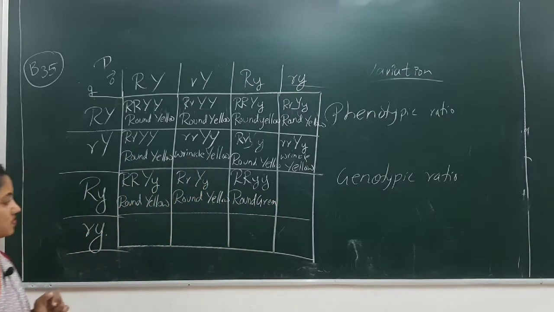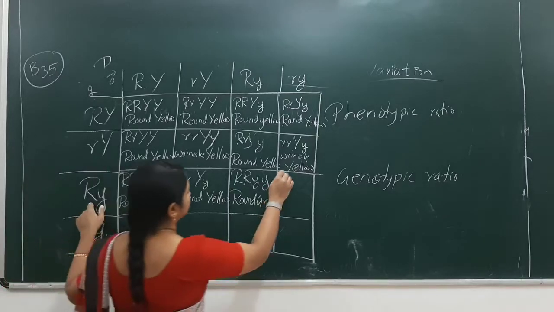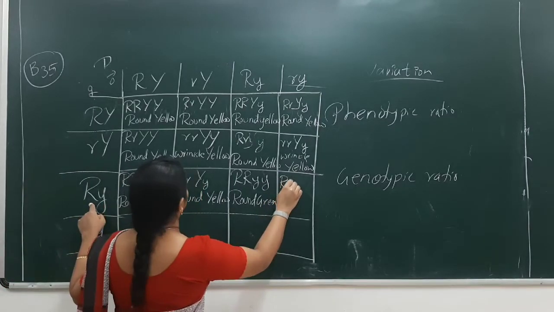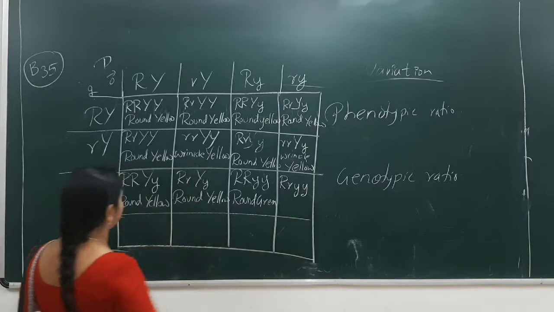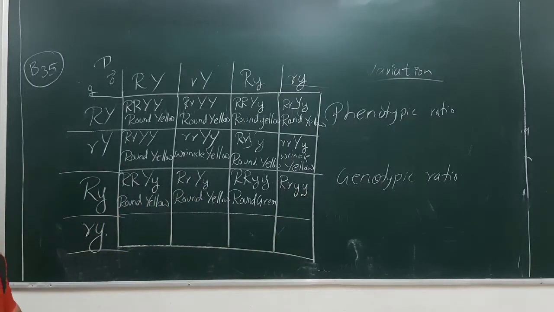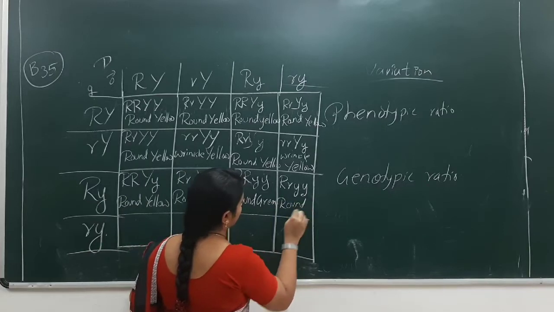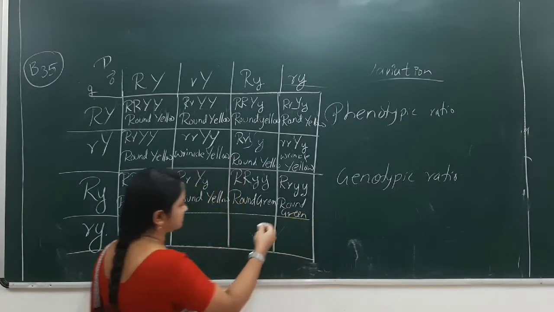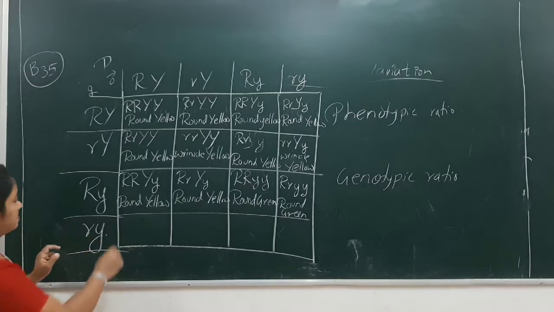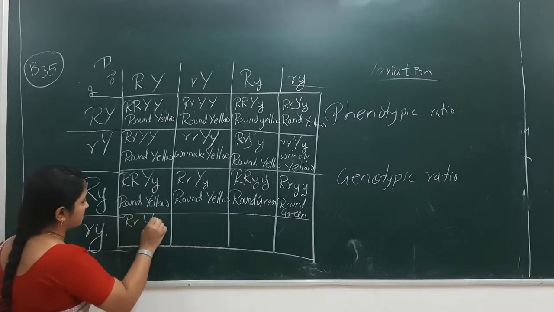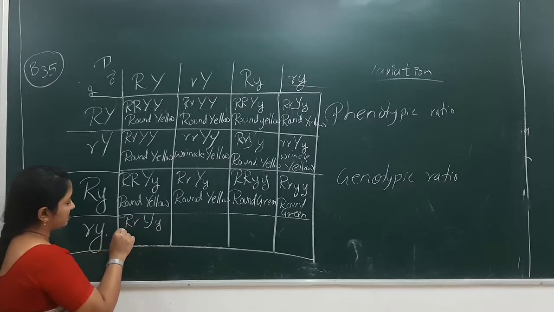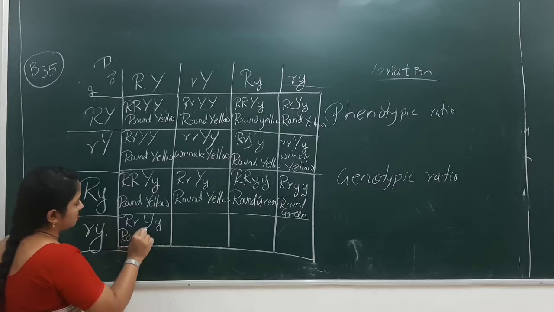Okay, we'll proceed with the next, capital R, small y. Here also we got the small y condition. It means round green. The next is capital R, capital Y, small y. It means round yellow.